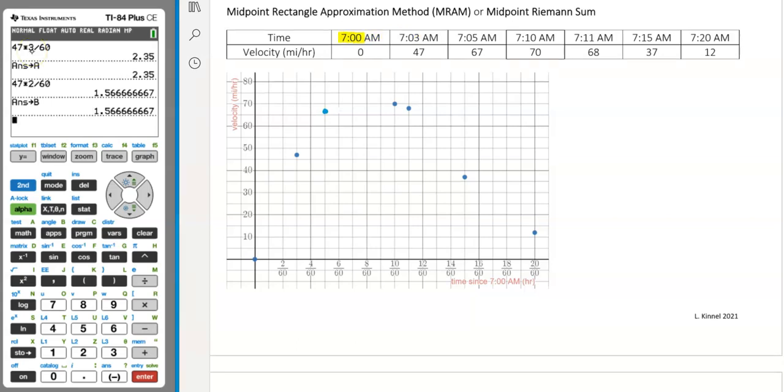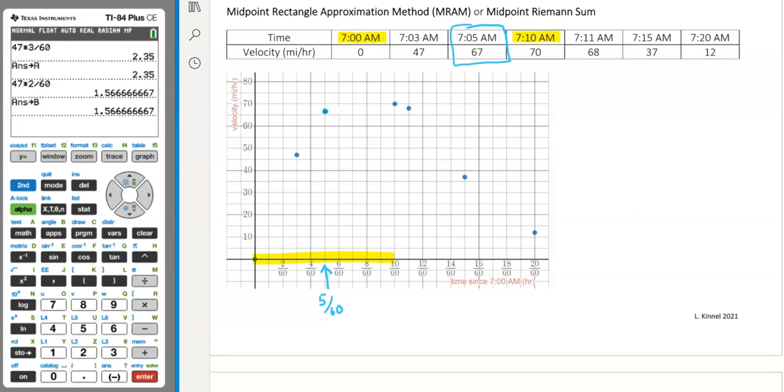If instead we look at this time interval from 7 o'clock to 7:10, this span on the graph, we can do a midpoint approximation because the midpoint in terms of time of that interval is 5/60ths, and we do have an approximation for the speed at 7:05.